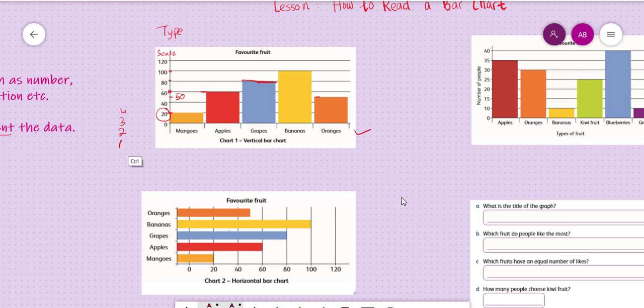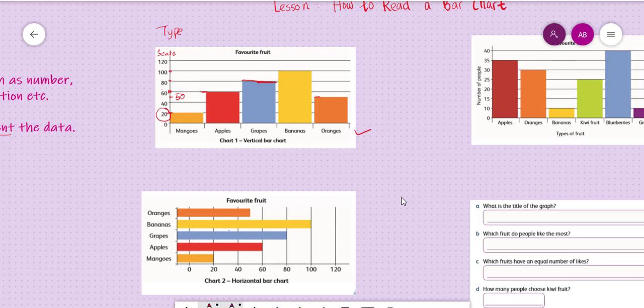So you put it in a scale. Like in this bar chart, they put in a scale from 0, 20, 40, which you add by 20, and 40 add by 20 again, you get 60, add by 20 again, you get 80, and add 20 again, you get 100, and continue.